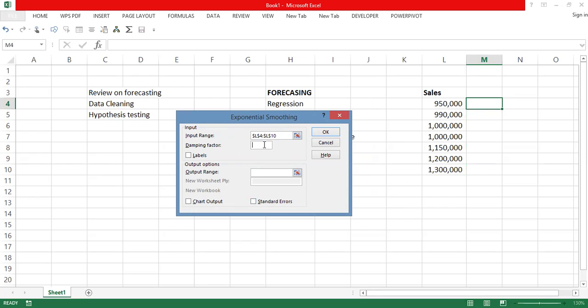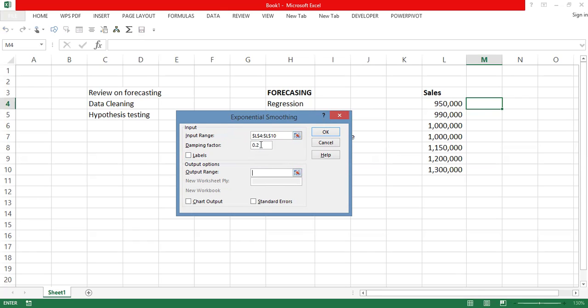This needs explanation. Suppose I use 0.2, for instance, as my damping factor. Don't worry. By the time the output opens up, you'll see what's the effect of that.